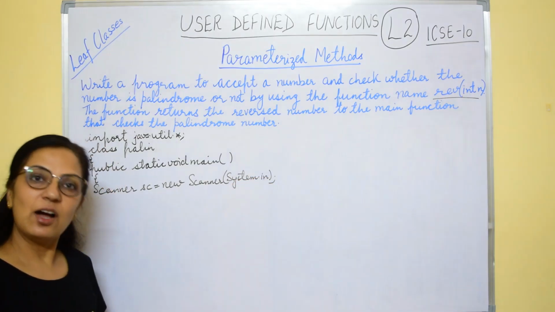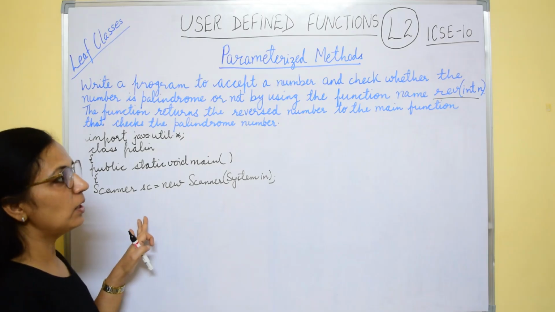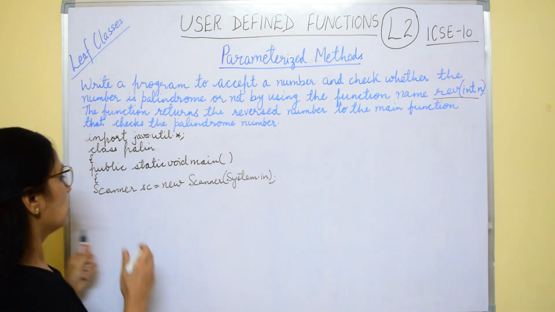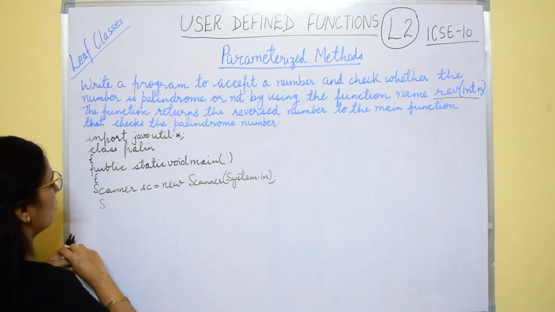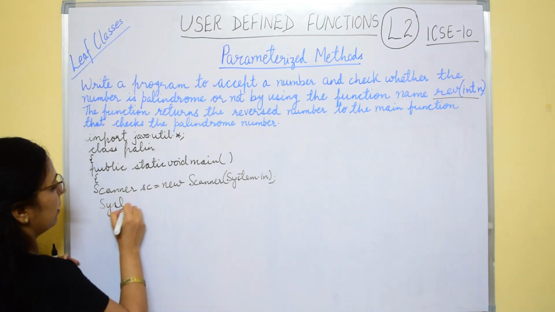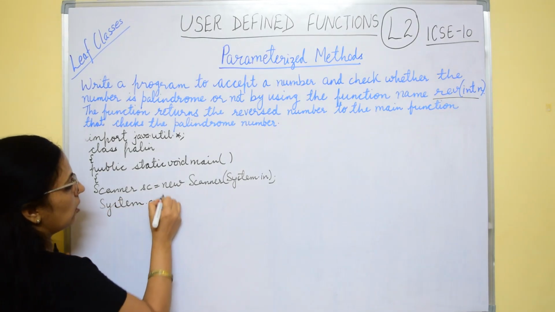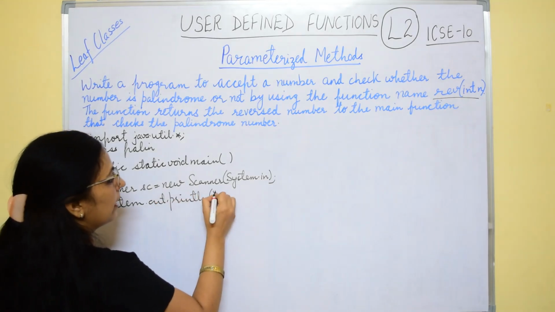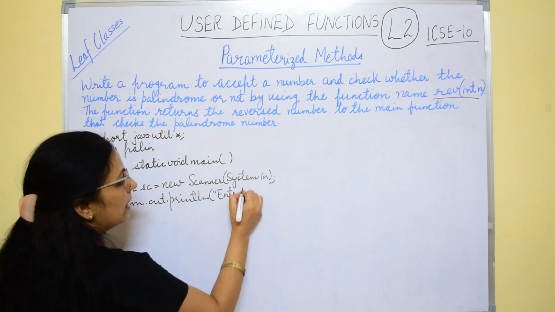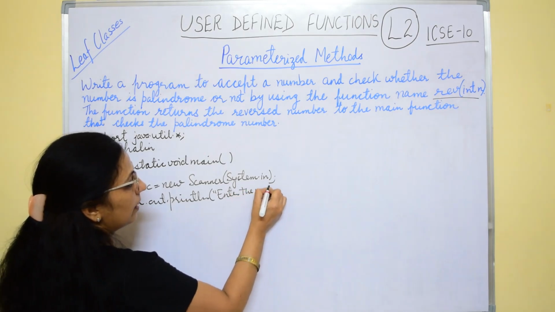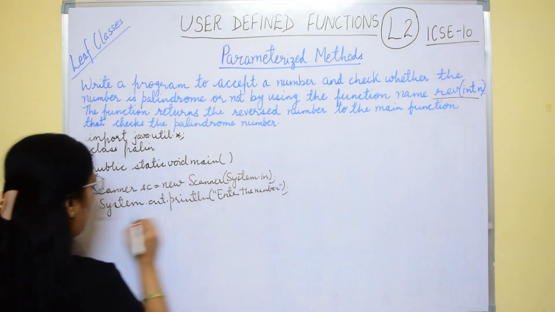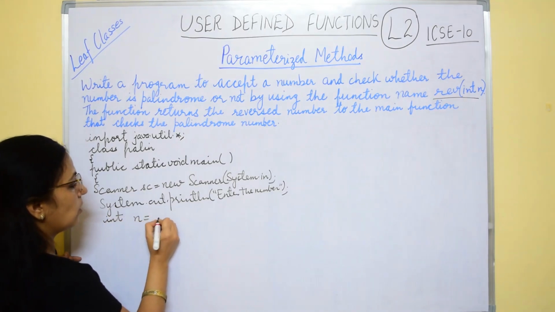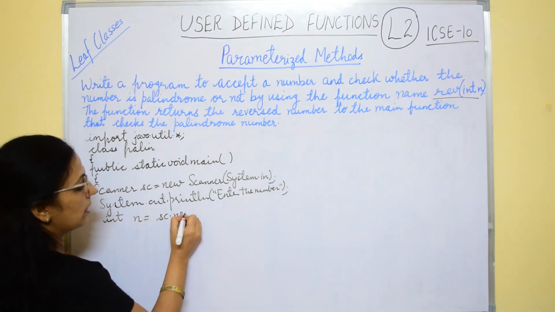Right? Now we have to input the value n, which we will be passing to that function. So like I told you, you will be using the message System.out.println, enter the number, and here int n = sc.nextInt().